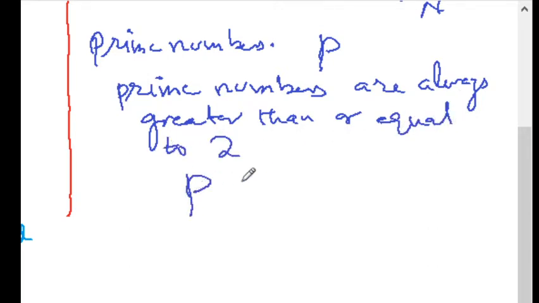This sign is for greater than or equal to. Now what are prime numbers?